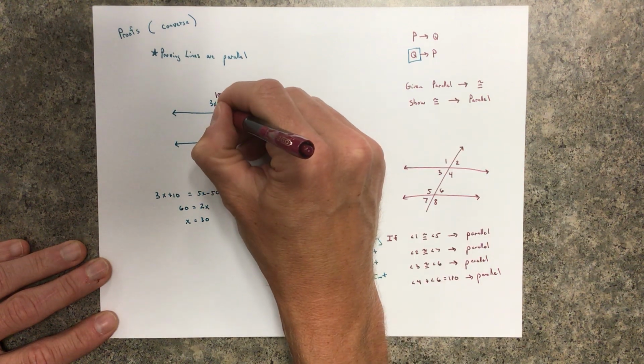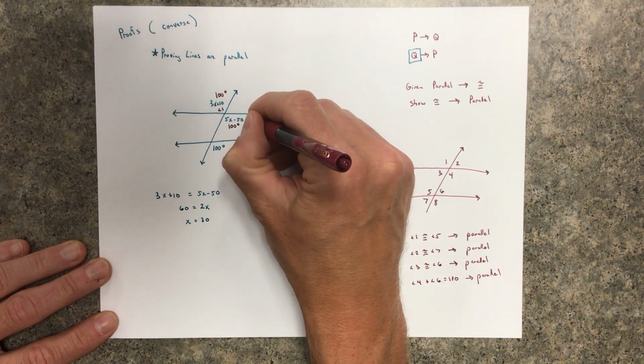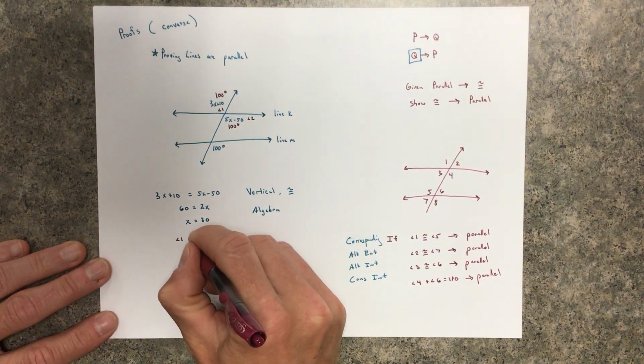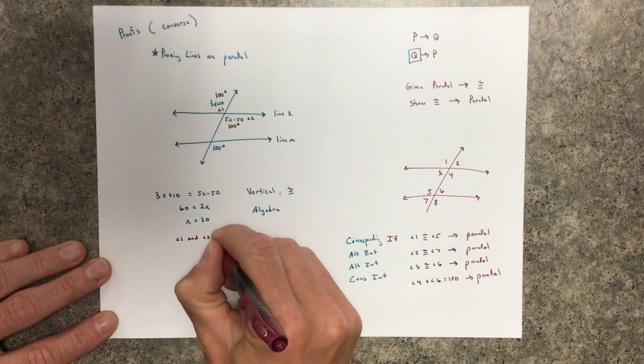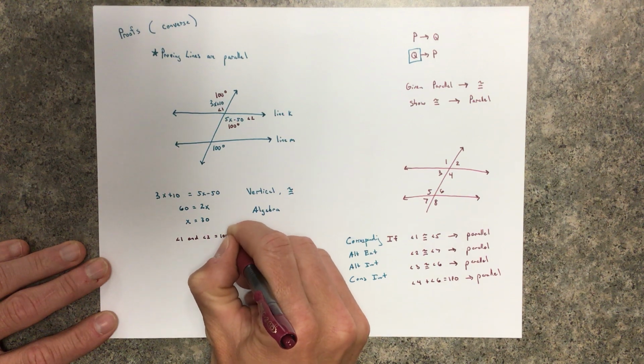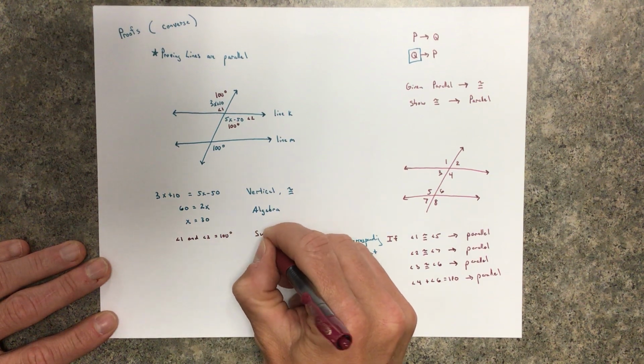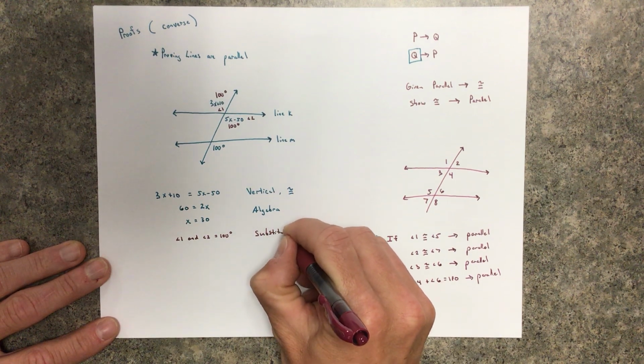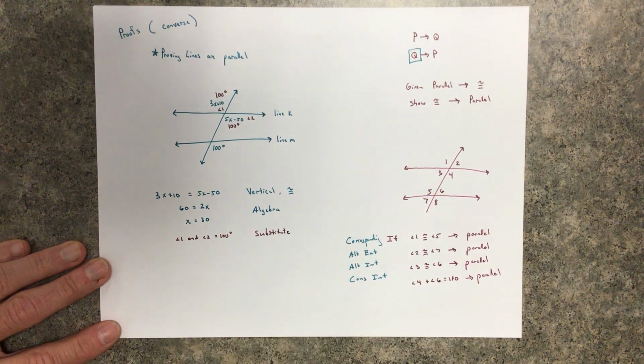So let's call this angle 1 and that angle 2. We know that angle 1 and angle 2 are 100 degrees, and we know that because we can substitute. Substitution is an algebraic property. If we know x is 30, then we know that 5x minus 50 is 100.